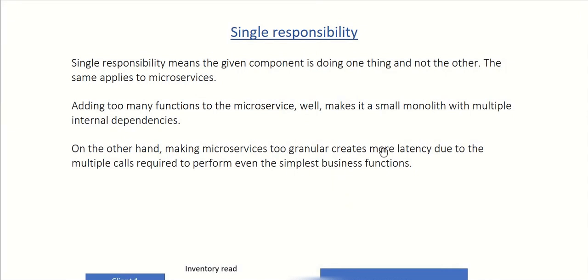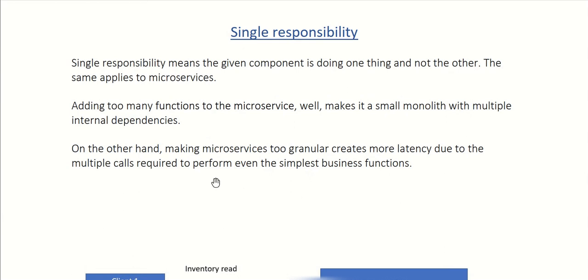That is not the practice. Microservices architecture doesn't mean that even the simplest functionality you turn into a microservice. It is an important design decision that we have to take, guys.